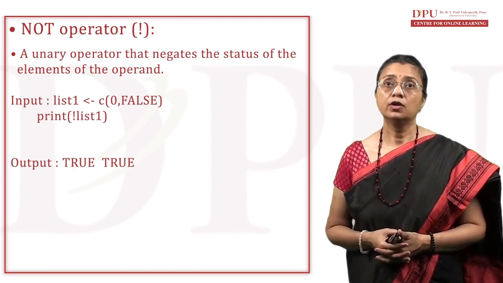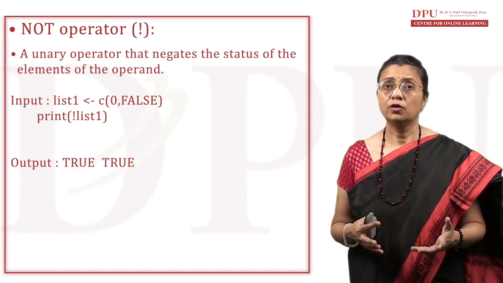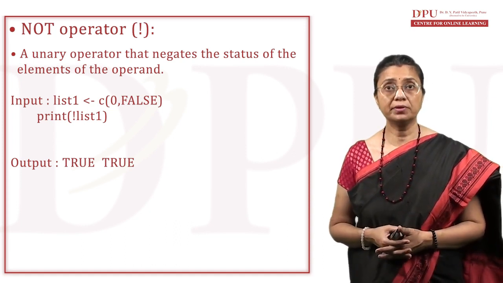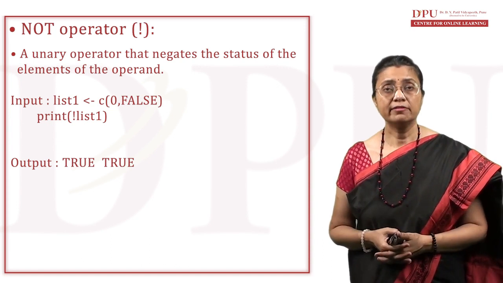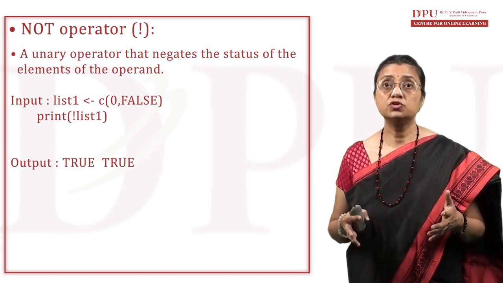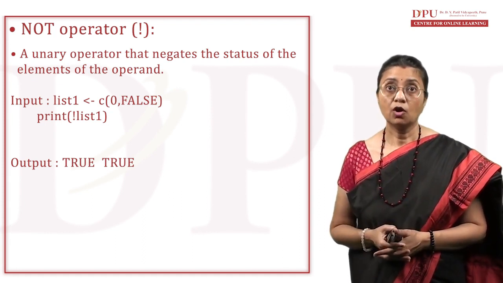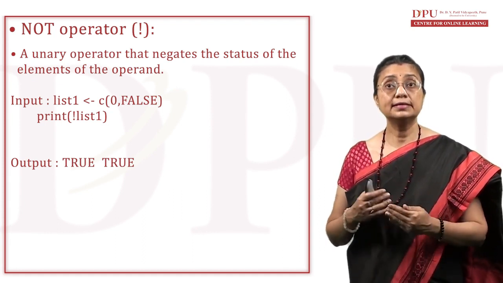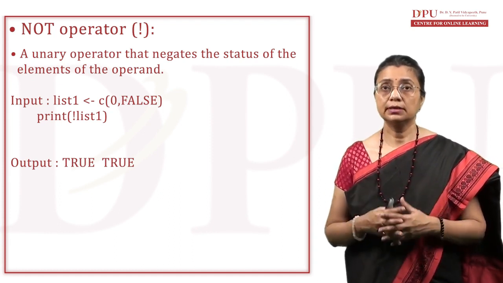Next, we have the NOT operator. Now you will ask, what is the NOT operator? NOT is a very simple unary operator because it acts only on one variable, and we call it unary. It negates the status of the element of the operand. For example, take the data of input once again.